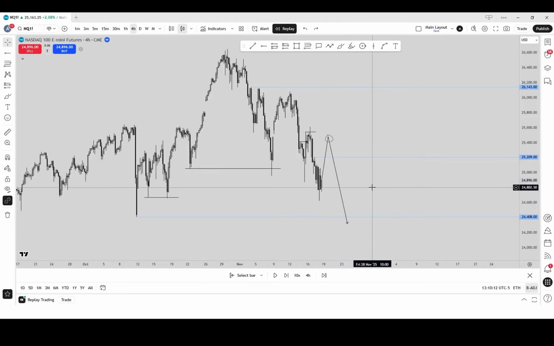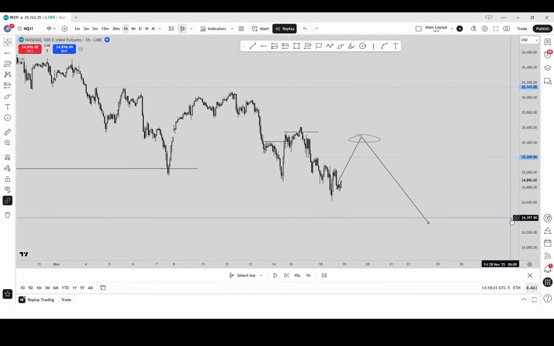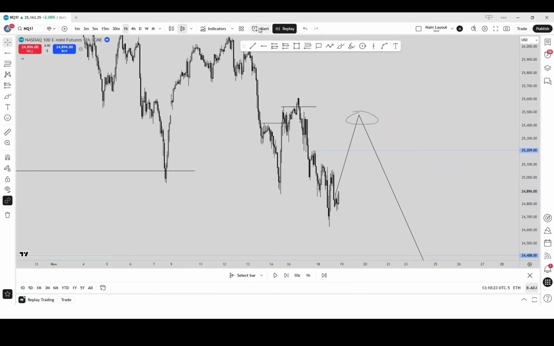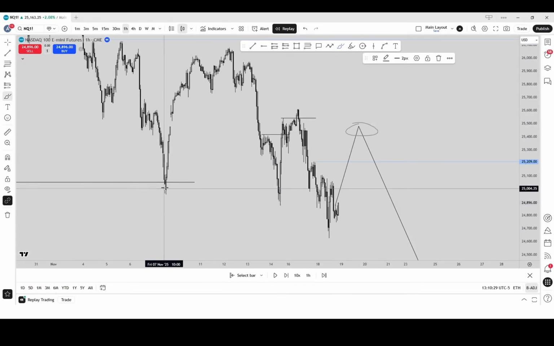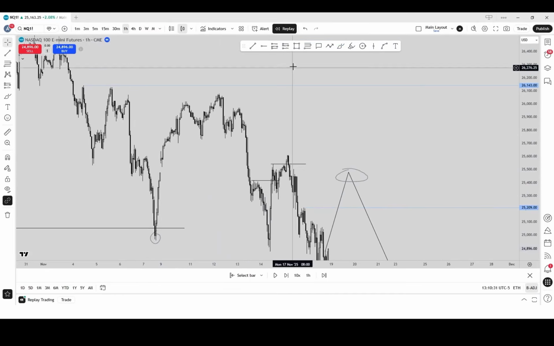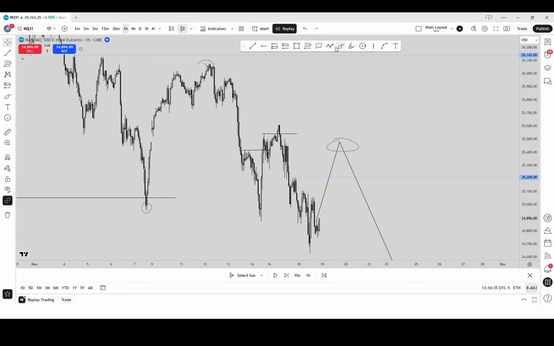Isn't this LB with structure? Yes, it is to an extent, but if you look at liquidity wise, right? Yes and no, it's with structure and without structure. Because if you look at it, what do we do here? We printed a low. What do we do here? Printed a high. Then we moved lower, breaking structure.